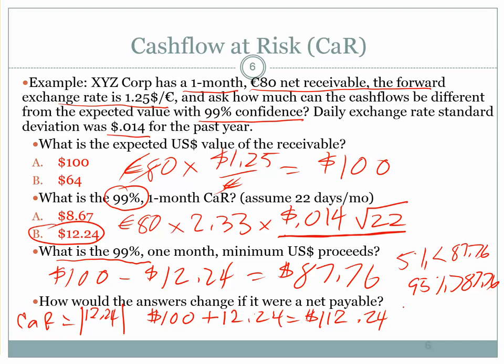I'm sorry, since this was a 99% confidence interval, my mistake. This is a 1% chance in a 99. So again, there's a 1% chance that it's greater than $112.24, and a 99% chance it is less than $112.24.